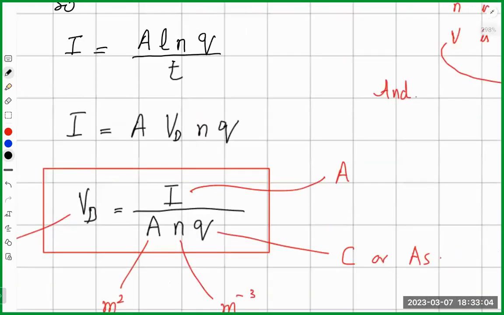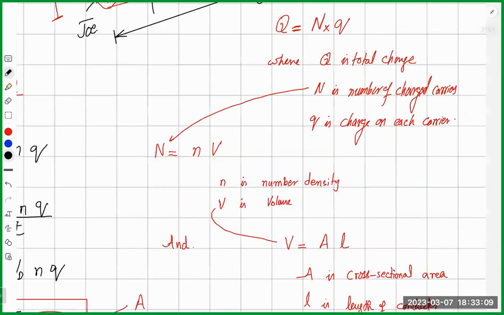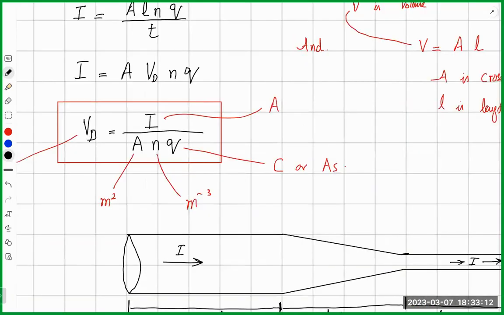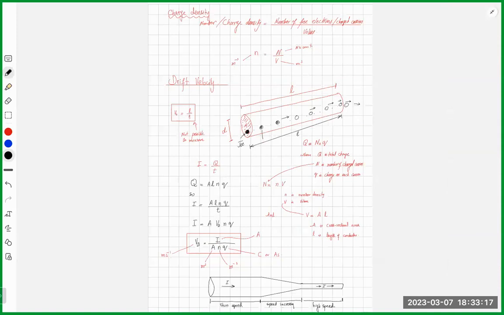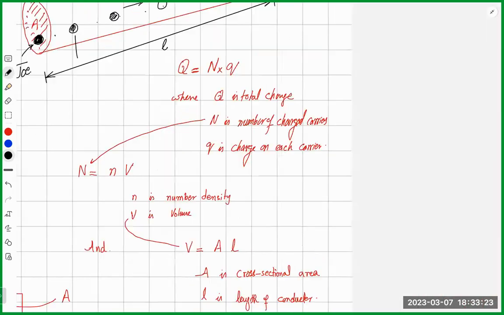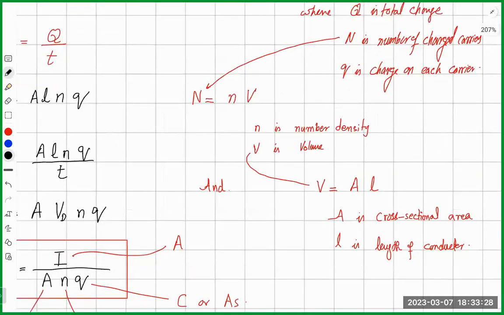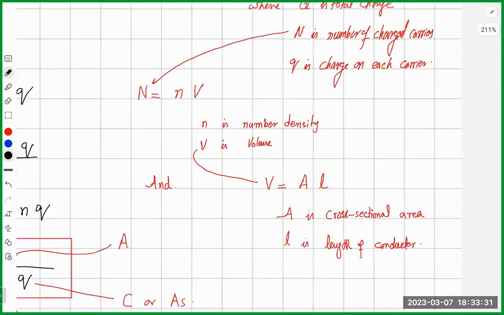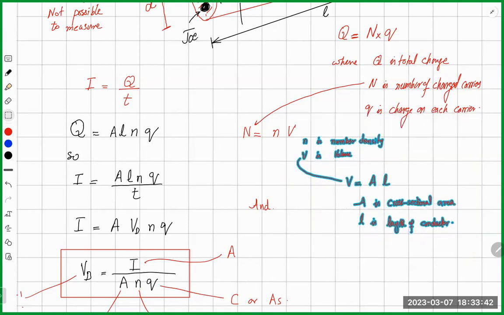So here we go. Volume of the conductor. I normally put boxes on things that are important, but I did not over here.